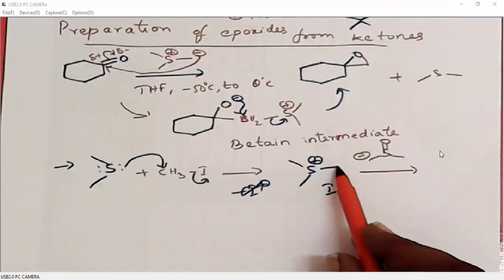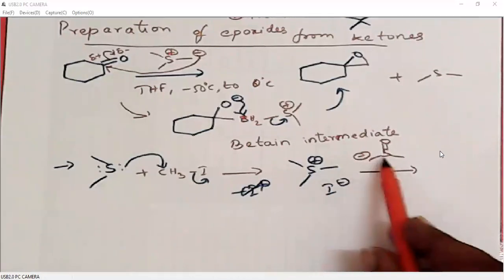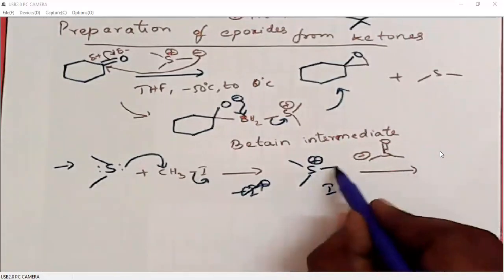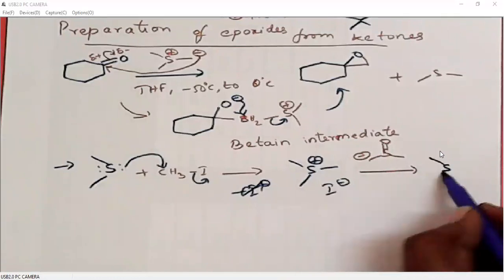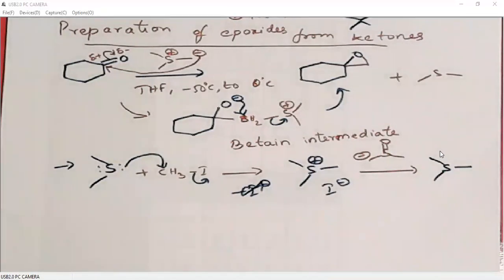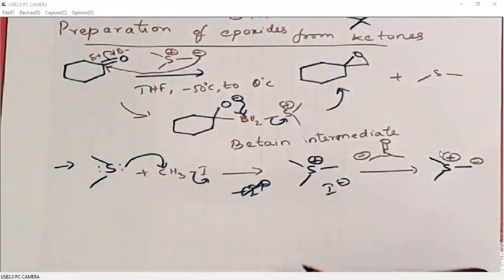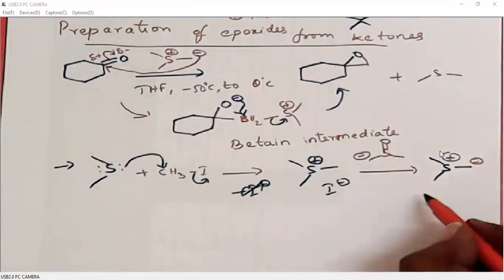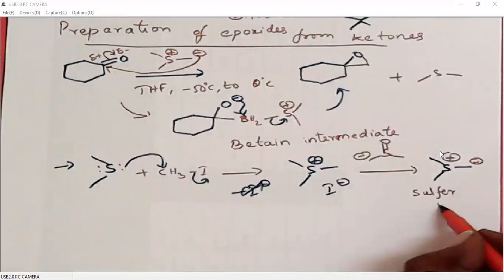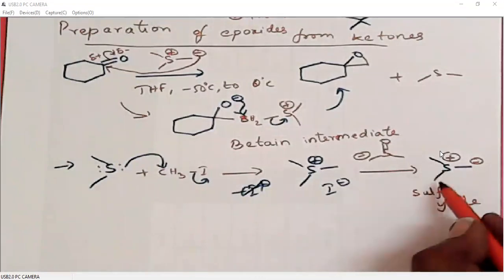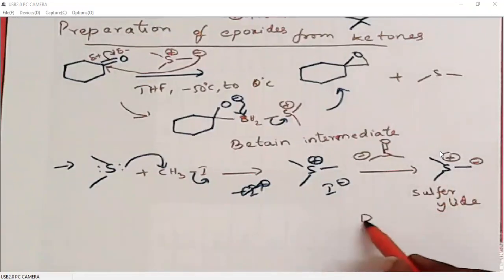That means the alpha carbon is now acidic, and a proton can be easily abstracted by a base. So this DMSO anion picks up the proton from one of the methyls on the sulfonium ion, and becomes DMSO. This is generally called a sulfur ylide.